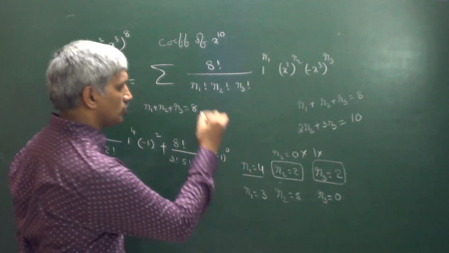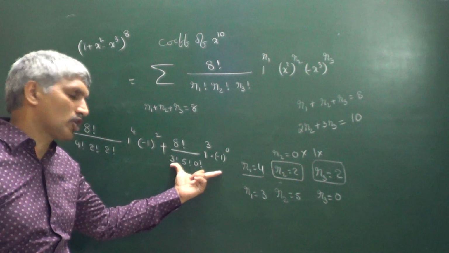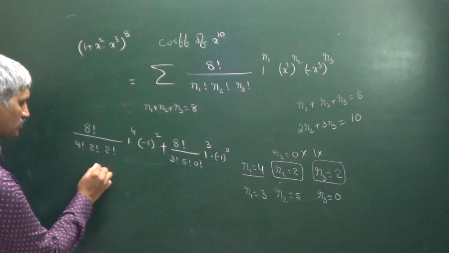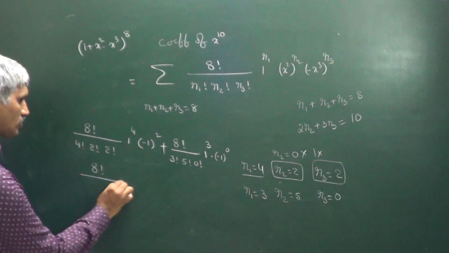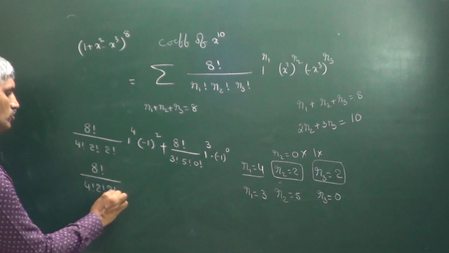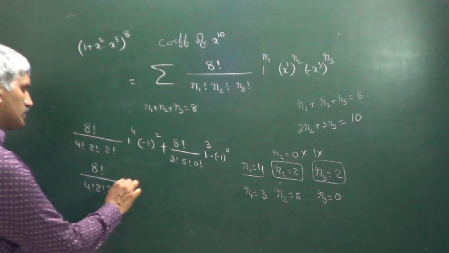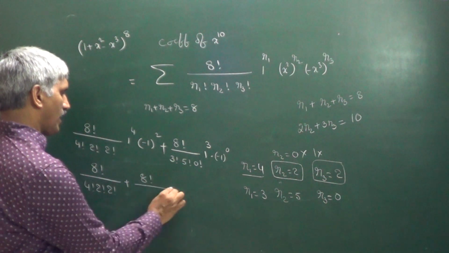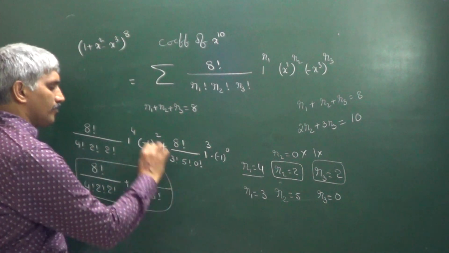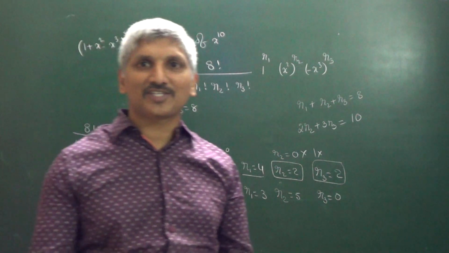This is also a contribution to the coefficient of x power 10. That's why 8 factorial divided by 4 factorial into 2 factorial into 2 factorial plus 8 factorial divided by 3 factorial into 5 factorial, this sum is the coefficient of x to the power of 10.